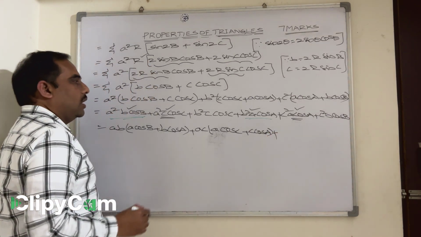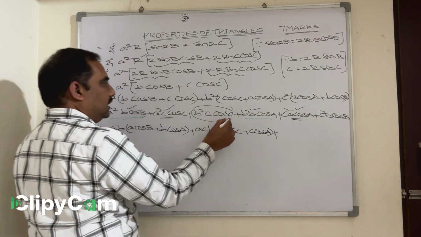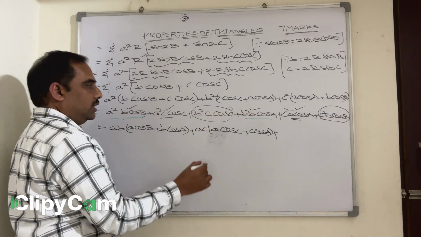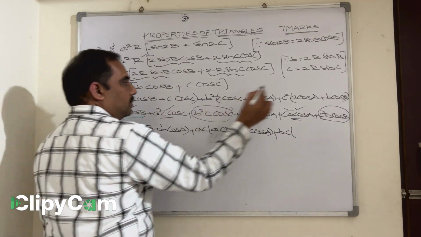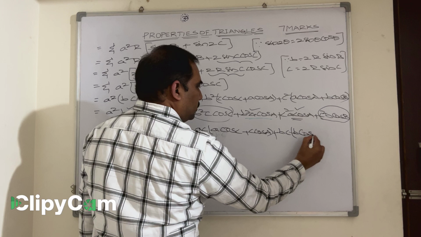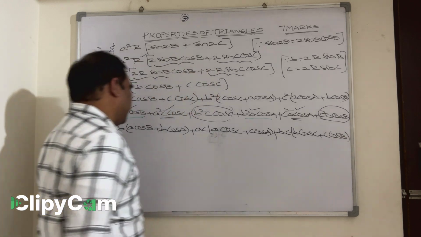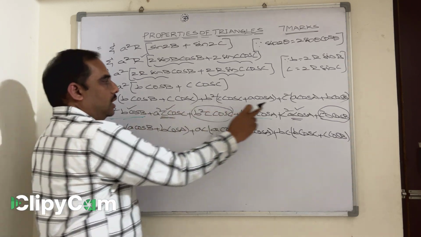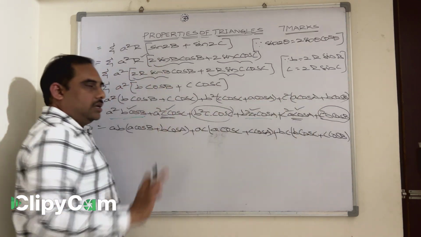And at last we have these two terms, b square c cos C and c square b cos B. From these two we can take bc common, so we get bc (b cos C plus c cos B). Observe carefully: I have taken ab common from the first two, ac common from the next two, and at last bc common from the last two.